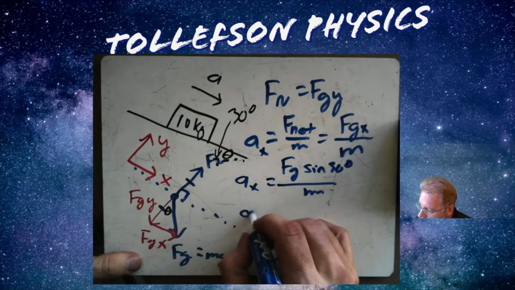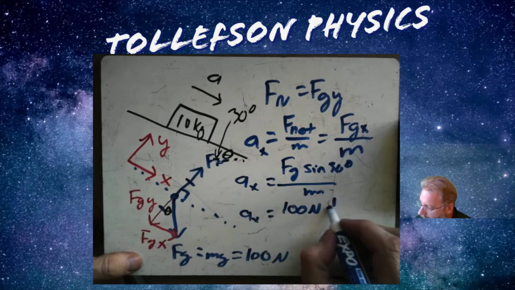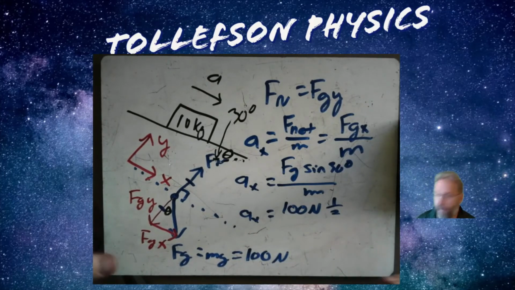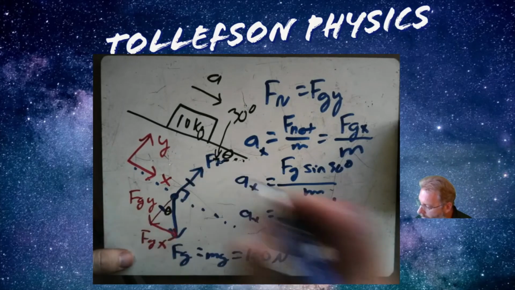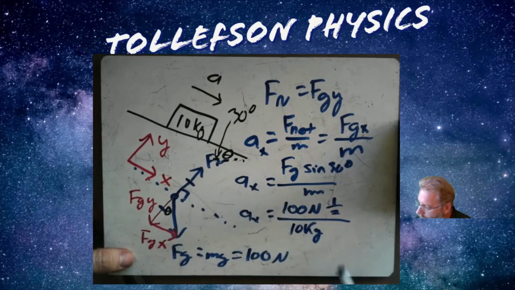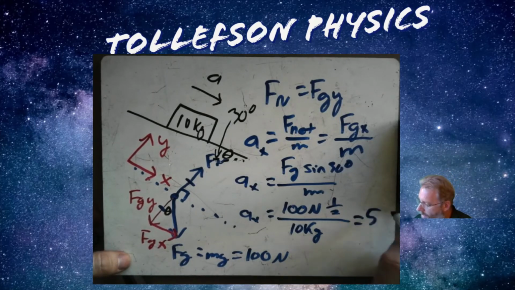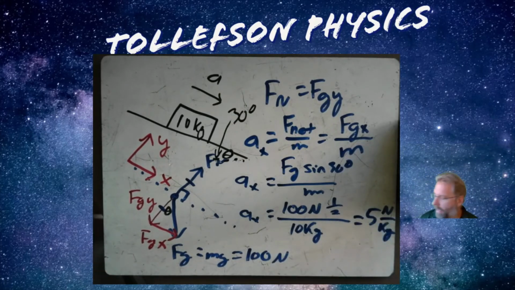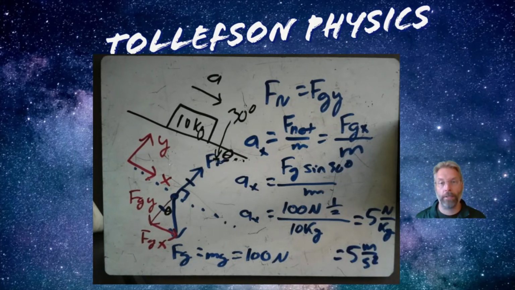FG is 100 newtons, sine of 30 degrees is 1/2, and the mass is 10 kilograms. 100 divided by 10 is 10, then divide that by 2. So my acceleration is 5 newtons per kilogram going downhill, which is the same thing as 5 meters per second squared in the downhill direction.